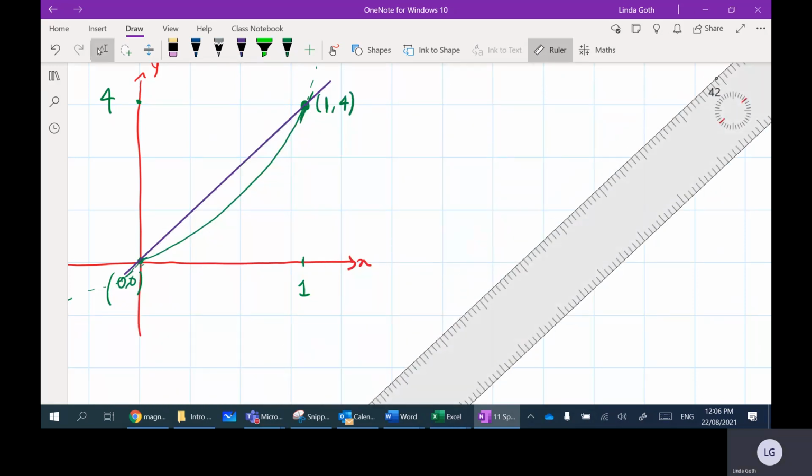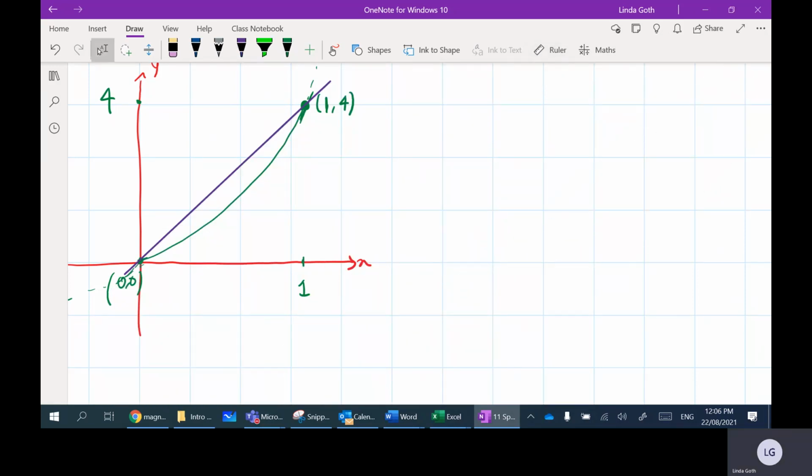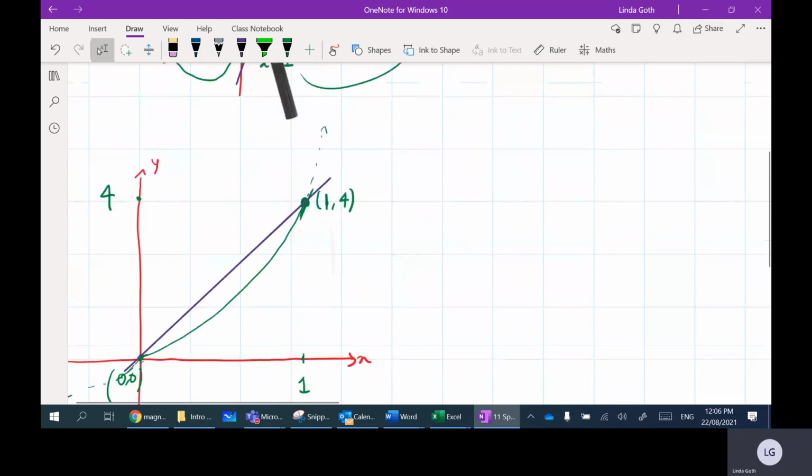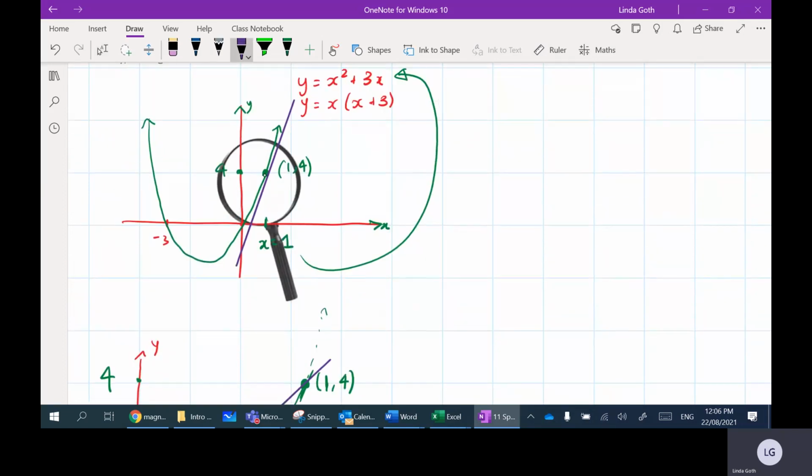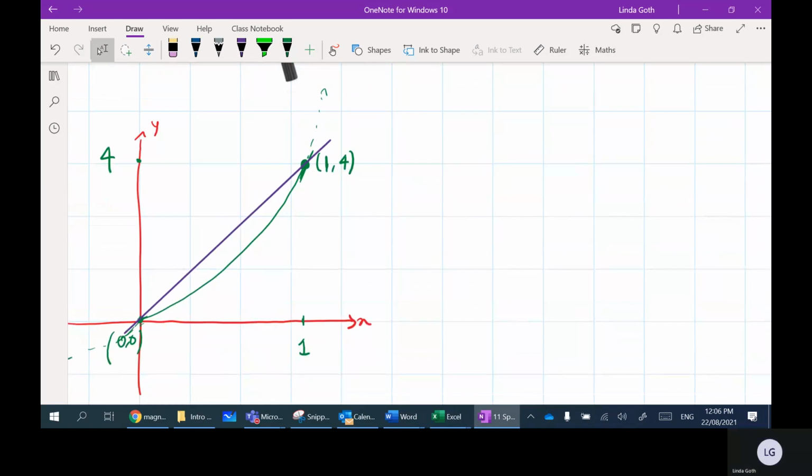So it doesn't look like it's going to be very useful, but remember, my magnifying glass is on this. So if I look at my picture up here, that's my tangent that I'm looking to find. Let's say I can find this one, because I'll be close. I won't be really close, but I'll be on the right track. Now you will remember, I hope, from year 10 that when you're finding the gradient of the line, we're looking at the rise over the run, or we use the formula y2 minus y1 on x2 minus x1.